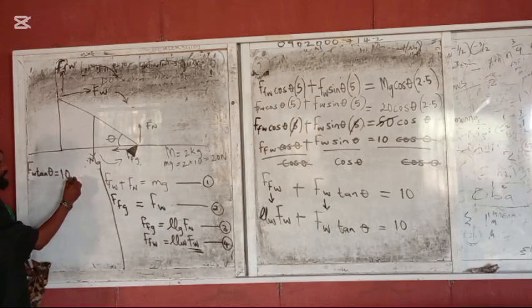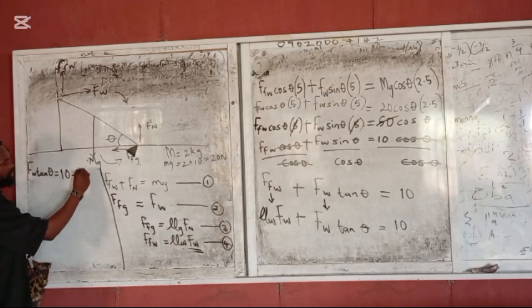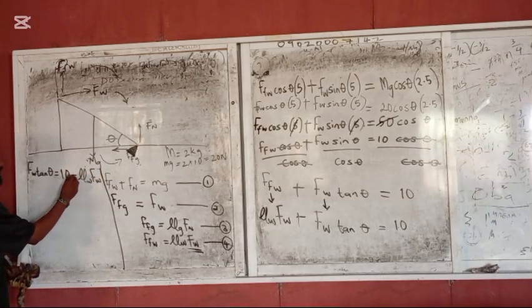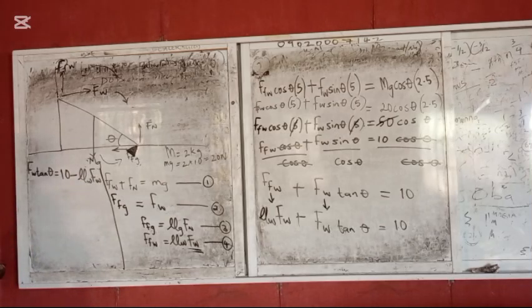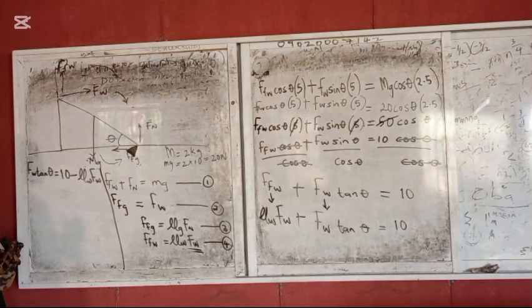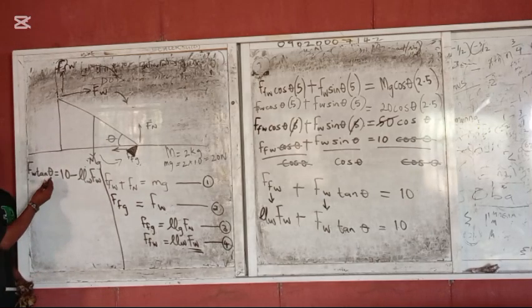If that one crosses over, it becomes coefficient of the wall and force of the wall. So minus this. Did they give us this coefficient of the wall? Okay, we will still come to it. Now notice, remember that my goal is to make tan theta the subject of the formula.